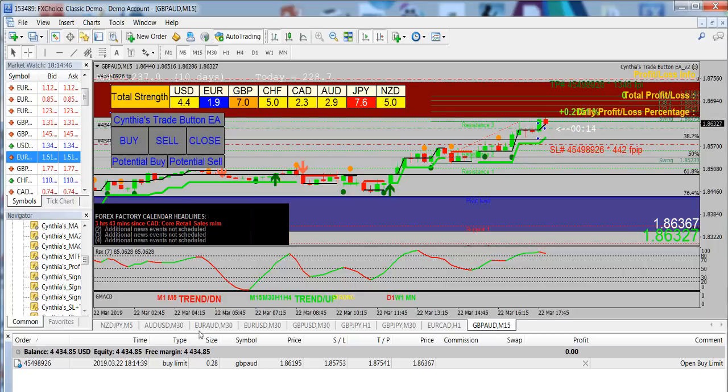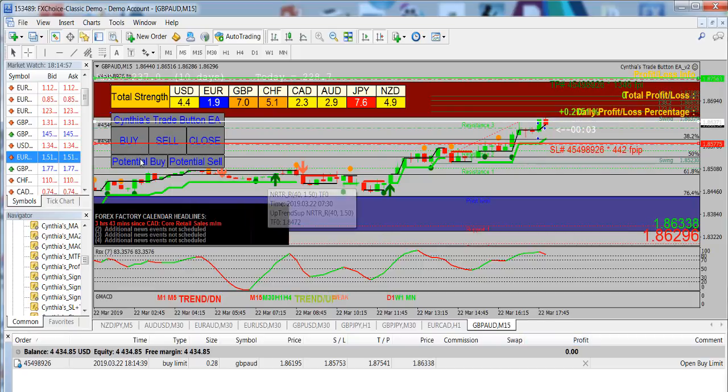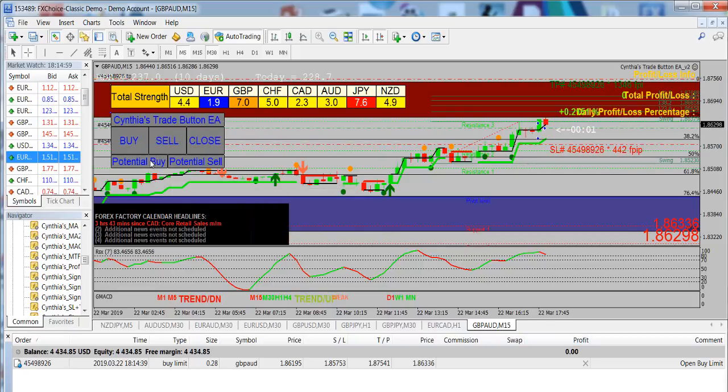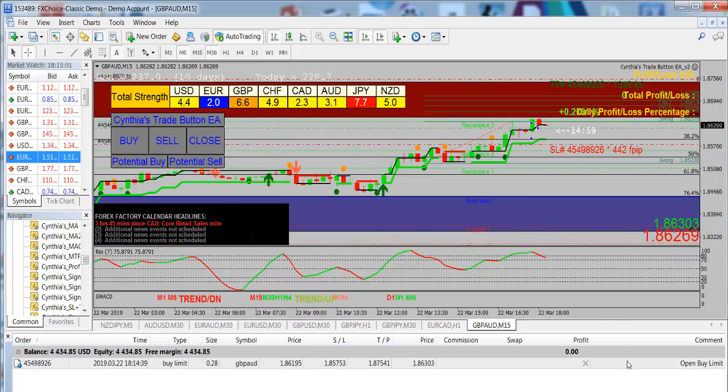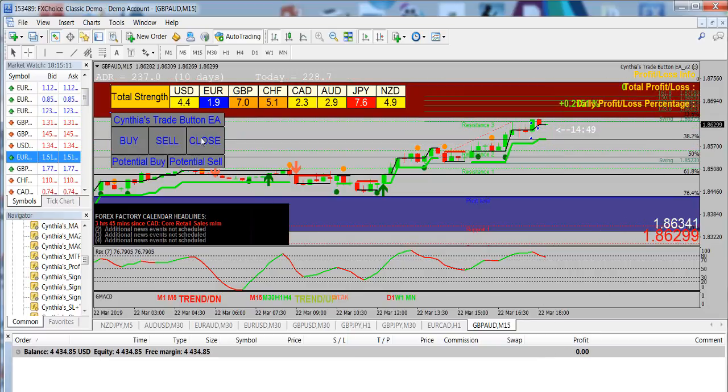And you can see the buy order here. If you want to get out of this, just click the potential buy again. And if you don't want the trade to be initiated, then just click here to get out of the trade. So this close button is just for open orders.